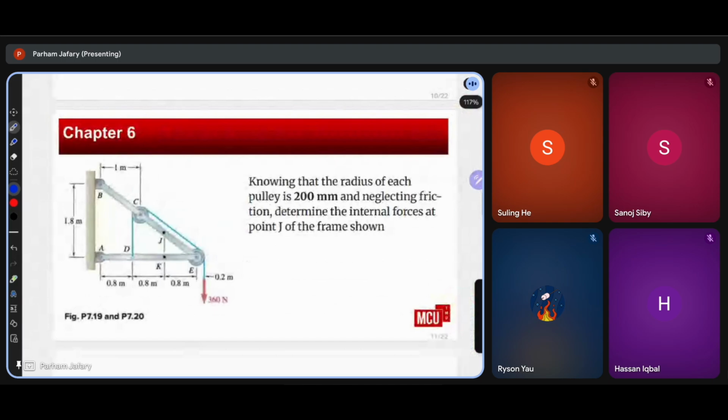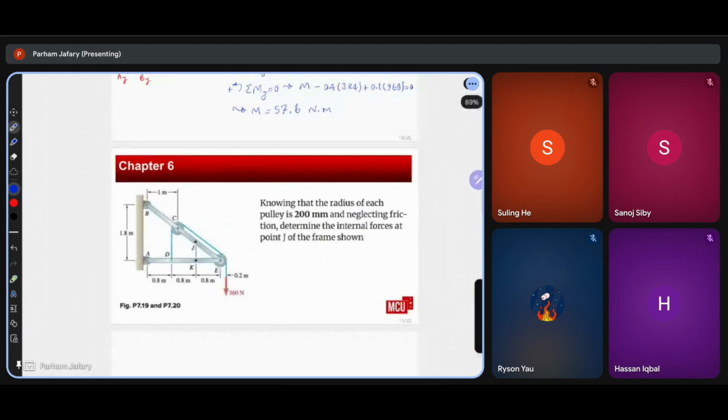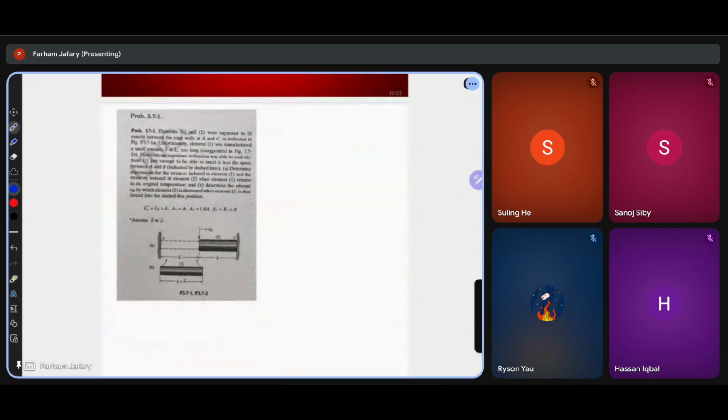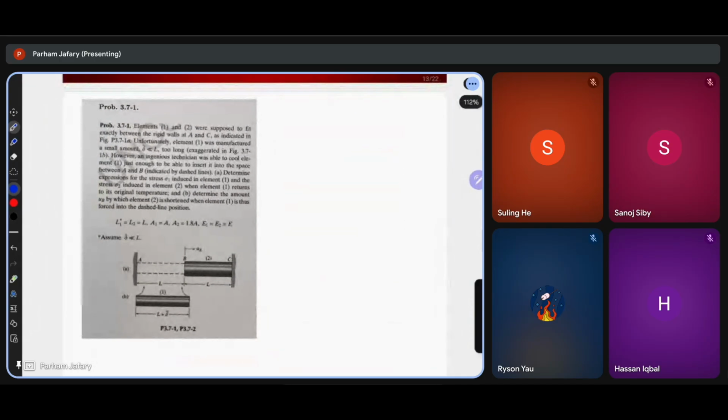Okay. I see that it's 15 minutes to 8, so I would say we skip this one and go into the mechanics of material problem. Okay, so this question is a good one. It's killing a couple of birds with one stone. So we have thermal stress, thermal expansion.